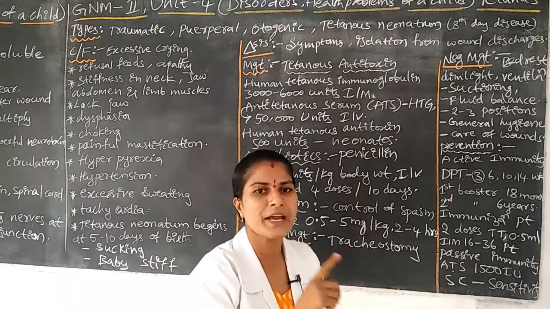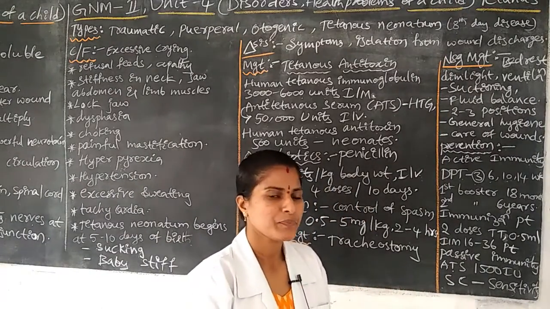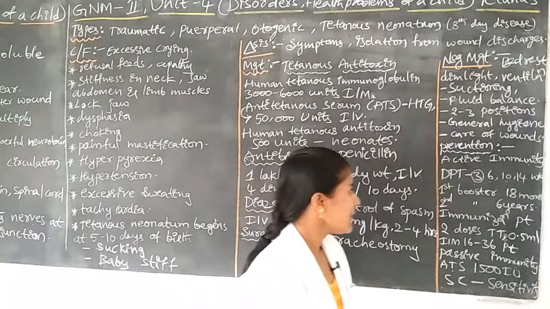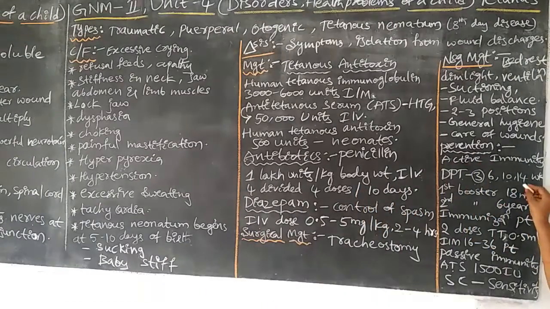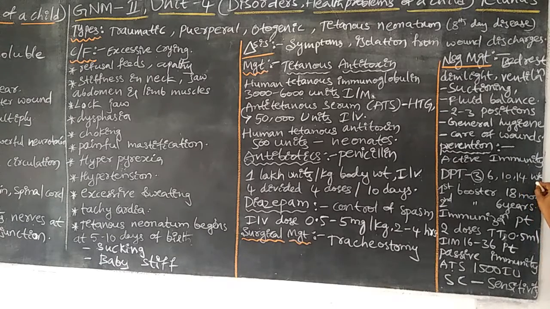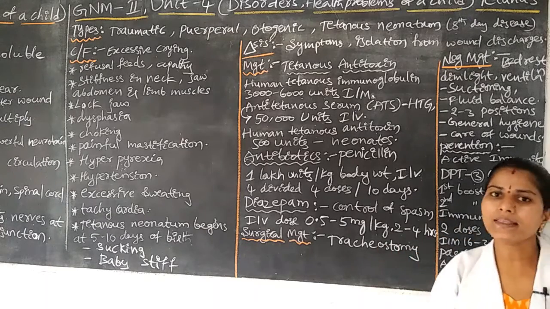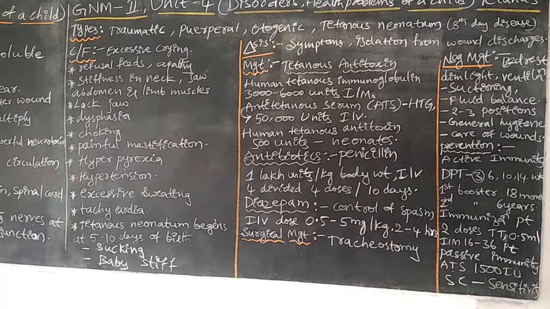Next, the third dose we have to administer at the 14th week of life. The children after birth, at the 14th week of life, we have to administer the vaccine, the DPT third dose, for prevention of tetanus.